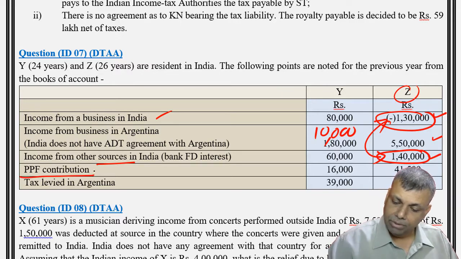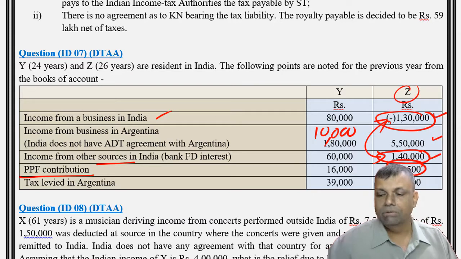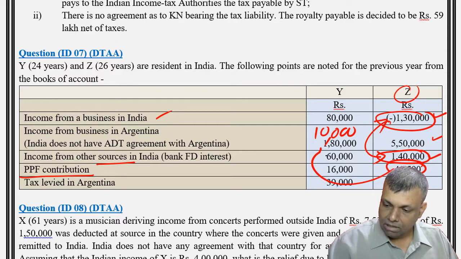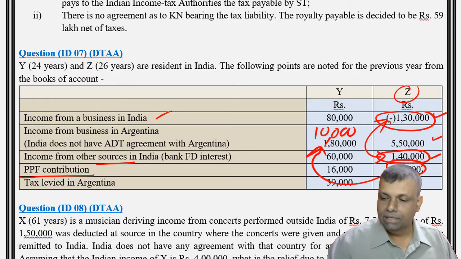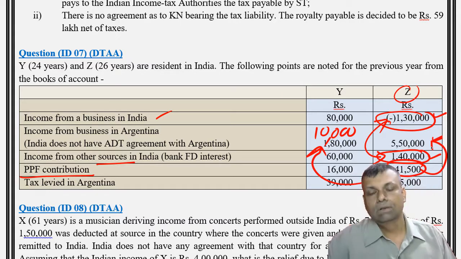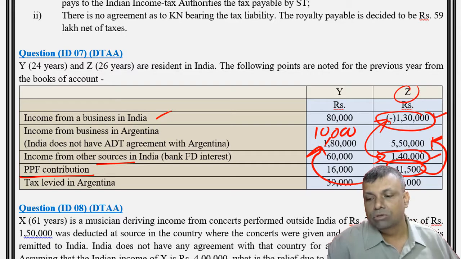Okay, now PPF contribution you are getting 80C. So 80C you are getting 41,500. So this 41,500, logically friends, you are getting the deduction 80C out of this 10,000 also you are getting it, and plus you are getting it something out of this foreign income also. That means 5,50,000, which is your foreign income, from that you are also going to get 80C.